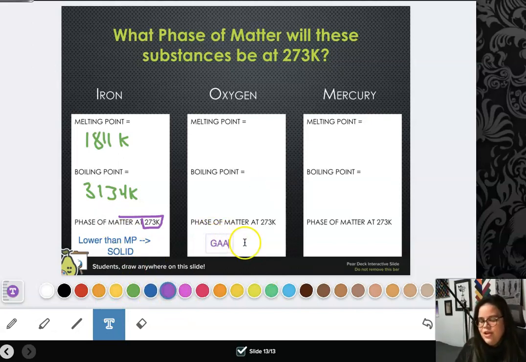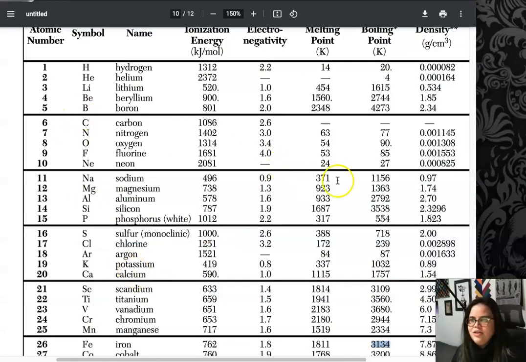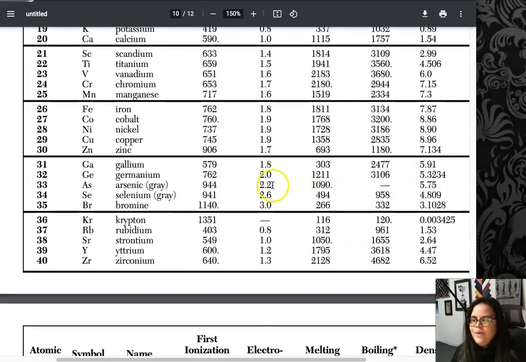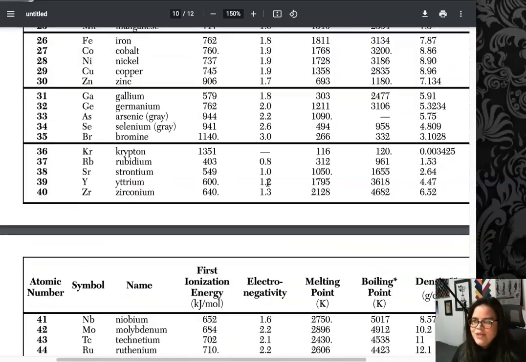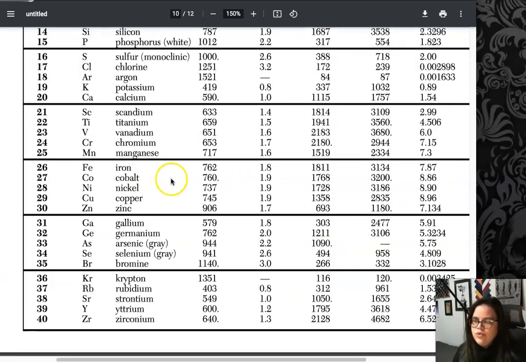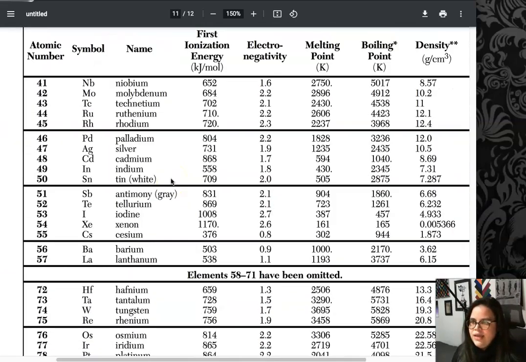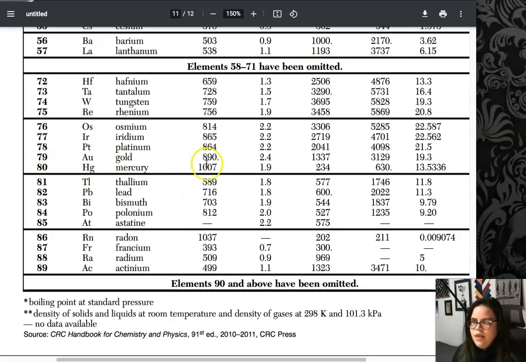Okay? So just to come back and check with you, my friends, oxygen is in fact a gas at room temperature. That is because if we look at the boiling point of oxygen, it is only 90 Kelvin, meaning at the temperature 273, you will have boiled, making it a gas. And if we look at mercury, mercury is a special element. It is only one of two elements that is naturally a liquid at room temperature because the melting point is 234.